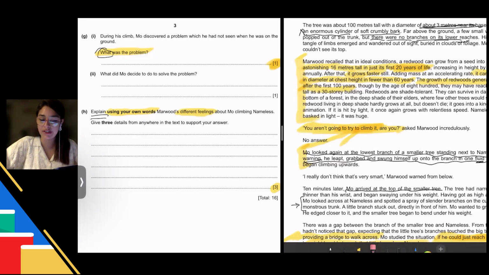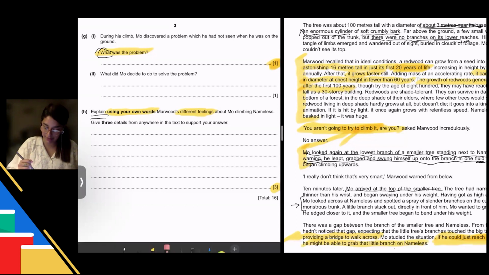The word incredulously talks about how at first Marwood is simply amazed or shocked or not quite convinced that this is something Mo is going to do. So the first feeling that we can highlight is that he is amazed, but we need to make sure that we highlight the fact that it is the first feeling that Marwood has.